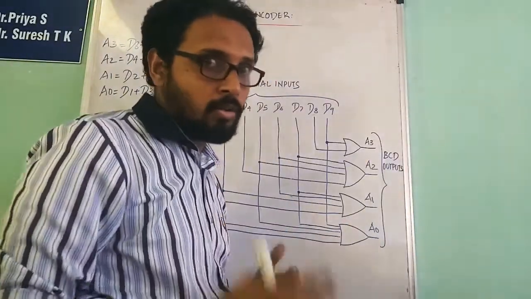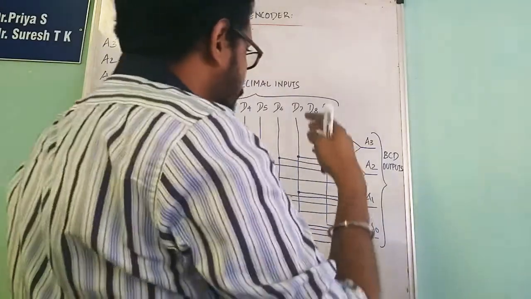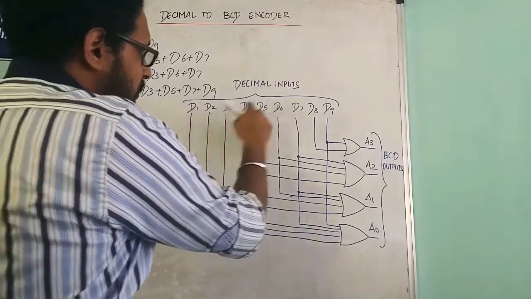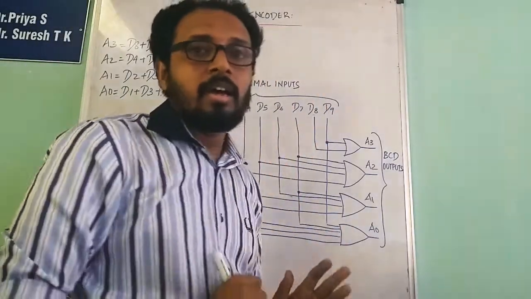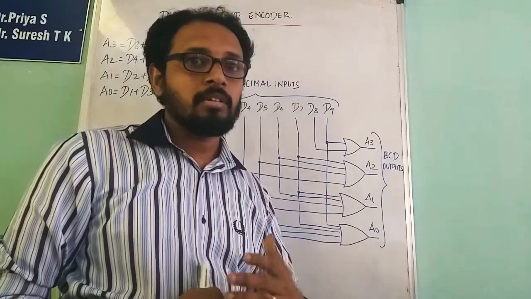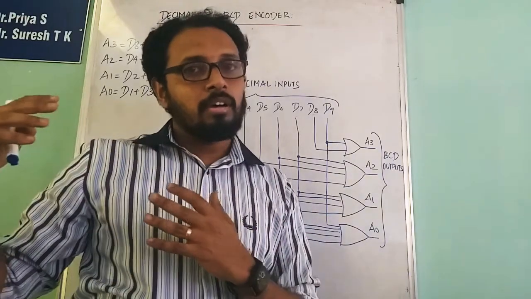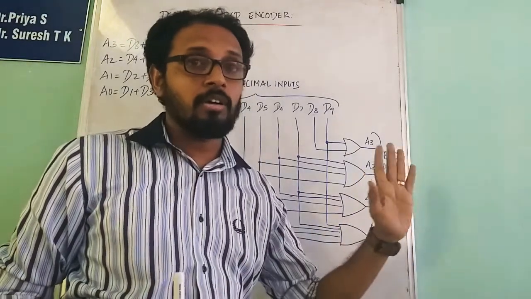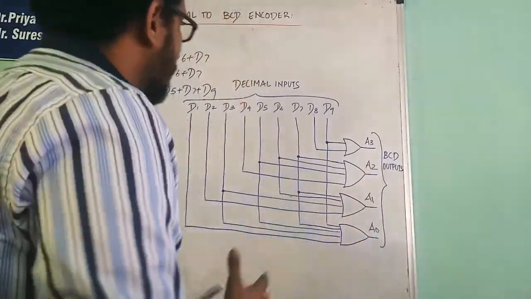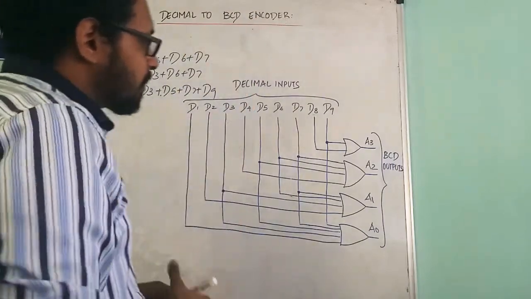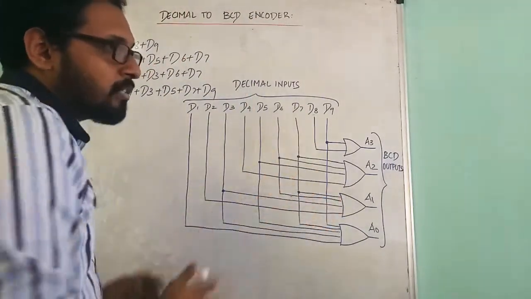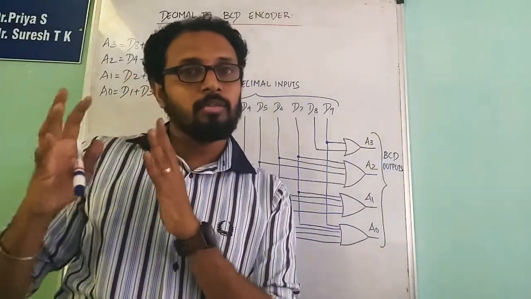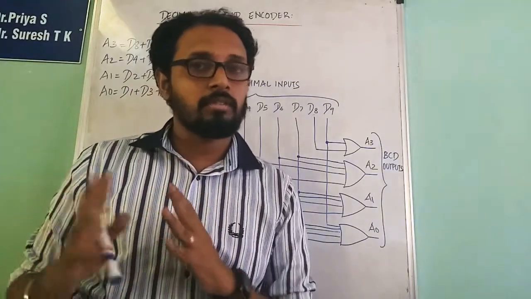So we construct the figure from D1, D2, D3 till D9. The rest of the topics about BCD construction I will explain later. For the time being, for the decimal to BCD encoder, follow this figure, or you can draw the other way, but focus on the way you construct the diagram.